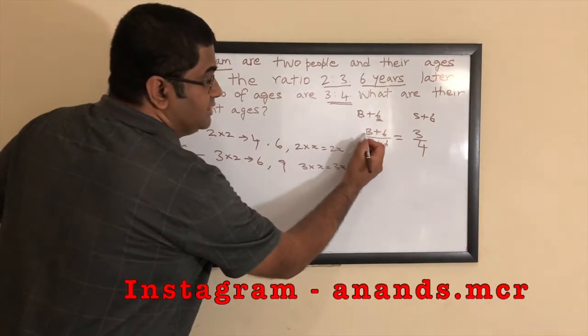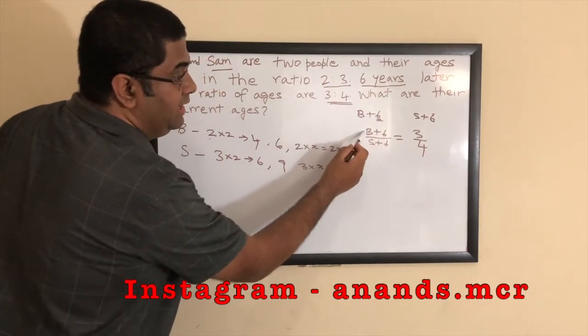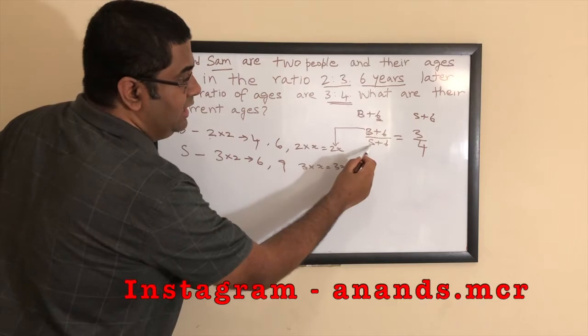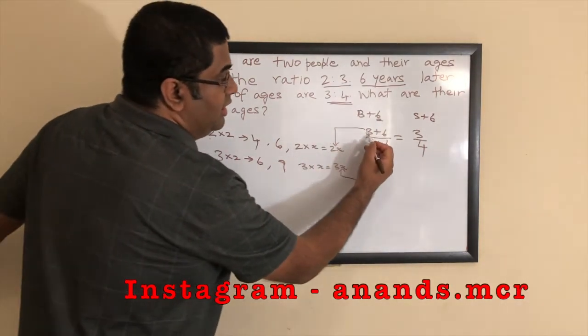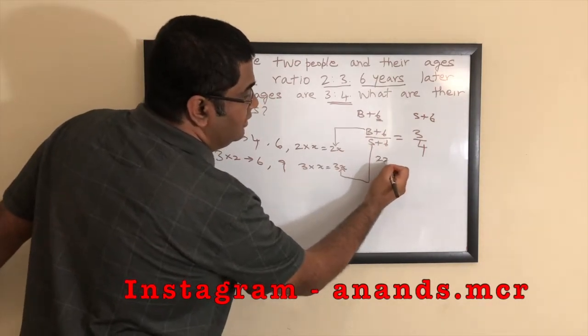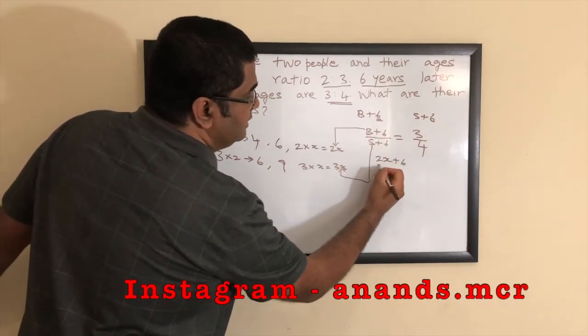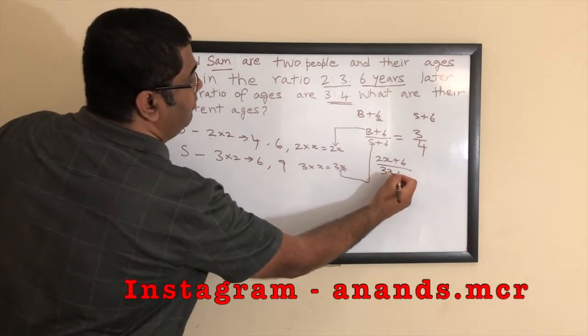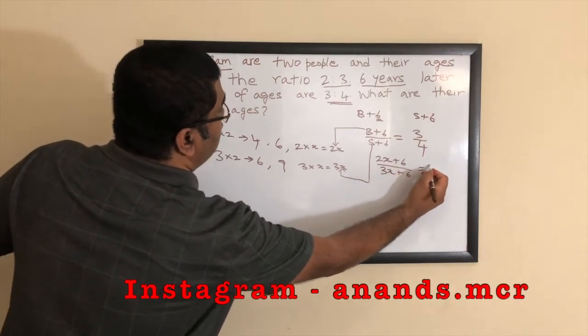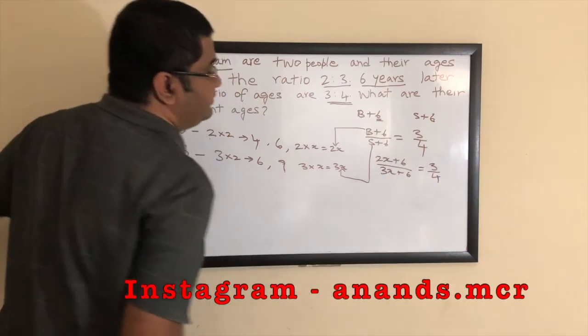Now let us substitute the values of B and S. B we have determined to be 2x, and Sam we have determined to be 3x. So the value of B here is 2x plus 6 divided by S, which is 3x plus 6. This will be equal to 3 by 4.